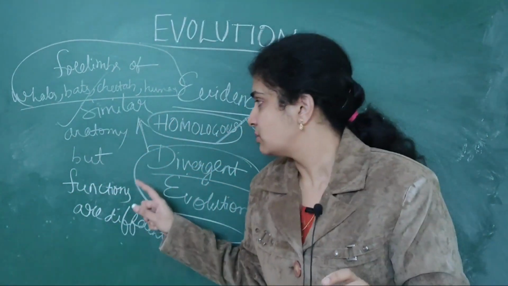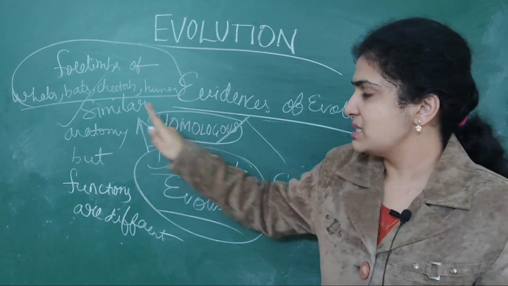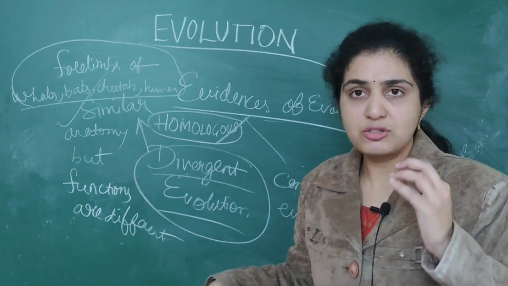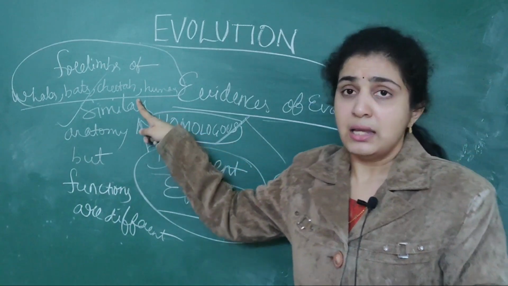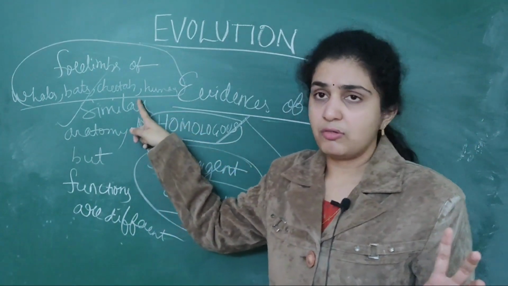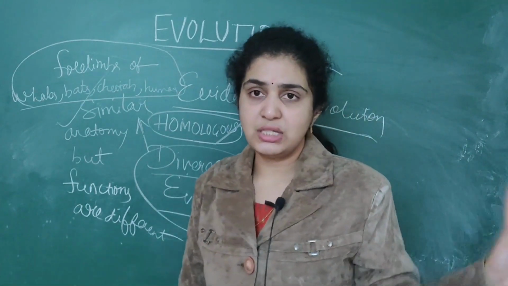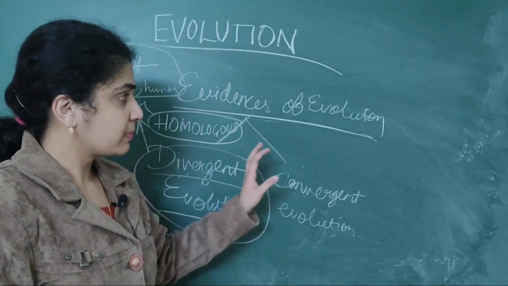Don't get confused: homologous, divergent evolution. Homologous means same anatomy, that you remember. Same anatomy means functions are different. Remember divergent evolution, and the important point from the NEET point of view is the forelimbs of whales, bats, cheetah, as well as humans. This is useful for everything.